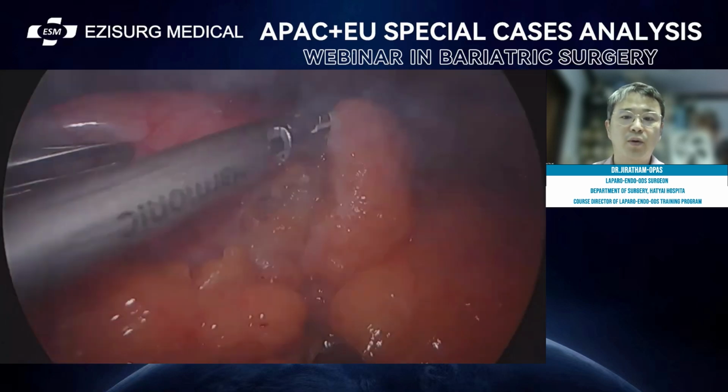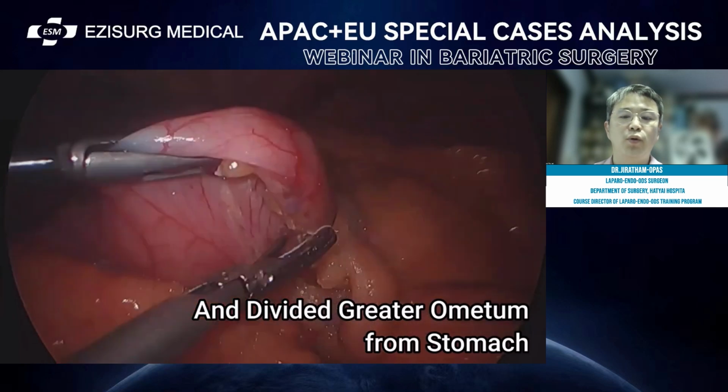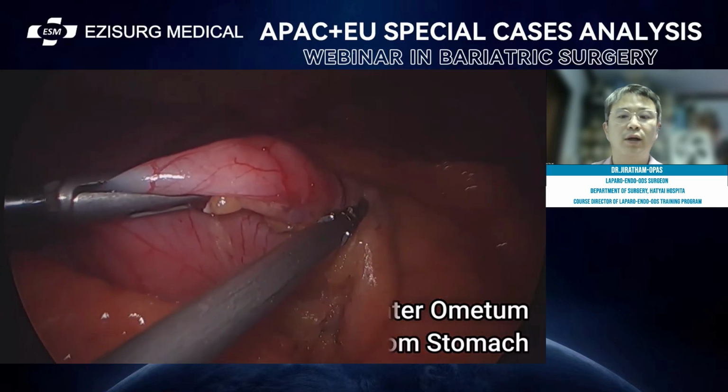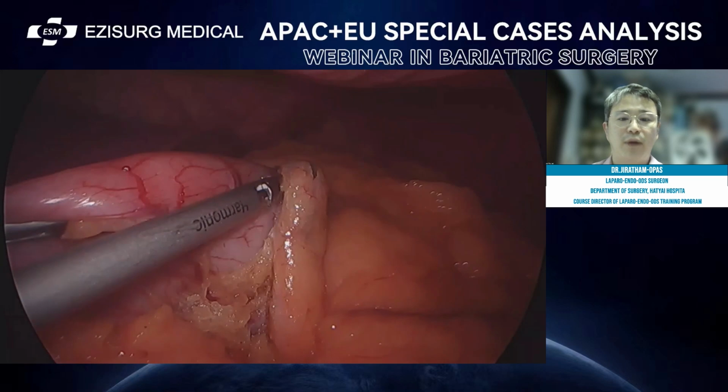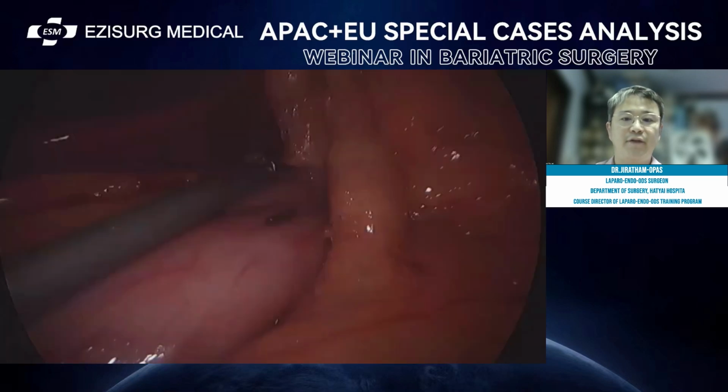If it's difficult or the fundus is too high, we put another one in the more upper right port, and we put in the Nathanson retractor in some cases if it's difficult.